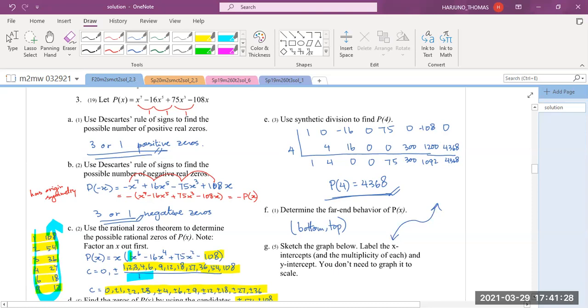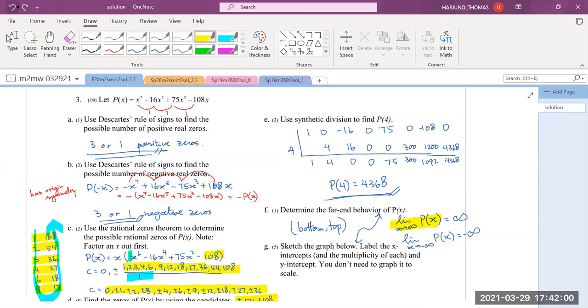By the way, formally speaking, the far end behavior is supposed to be denoted this way: the limit as x goes to positive infinity of P(x) is infinity, and the left-hand behavior is negative infinity. That's what it means to be far end behavior, the right end and left end behavior. But I try to avoid using limit notation as much as possible in this class.